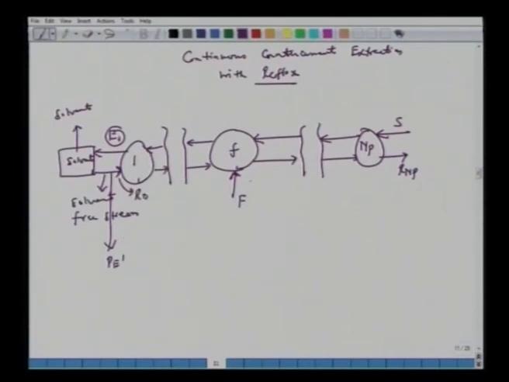In this case this stream will be rich in solute, or in C. So this section is your extract enriching section, and this side you have the raffinate stripping section.